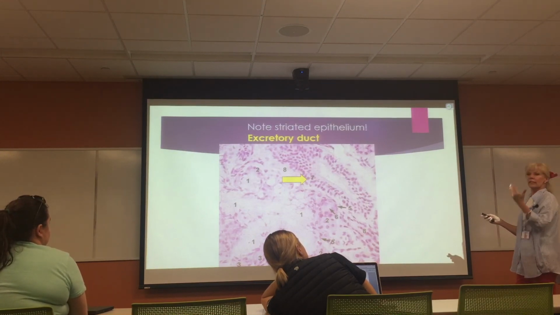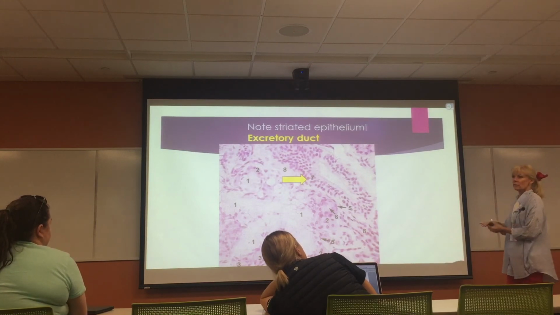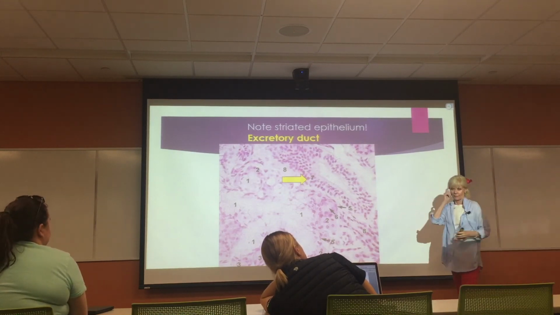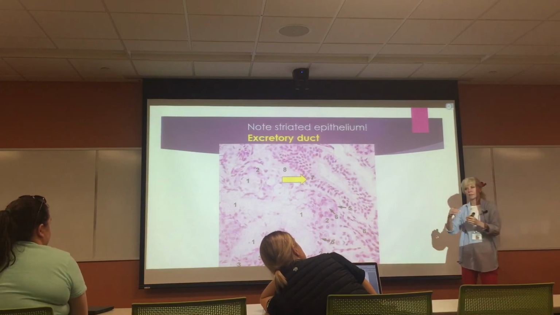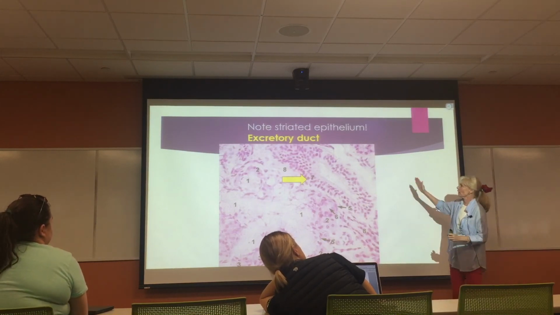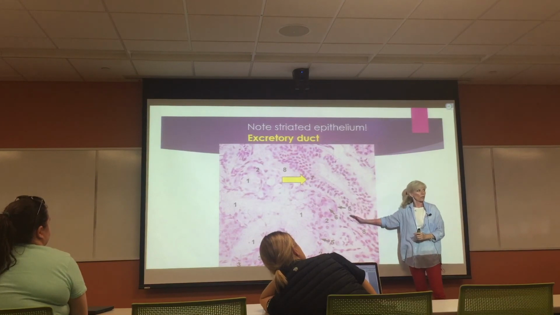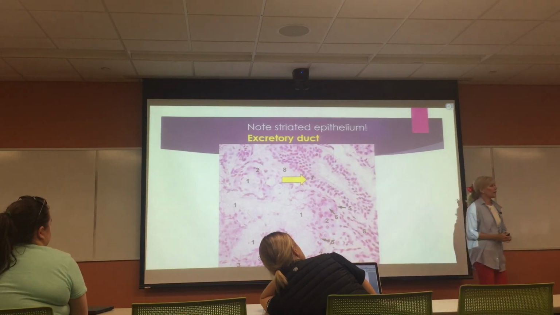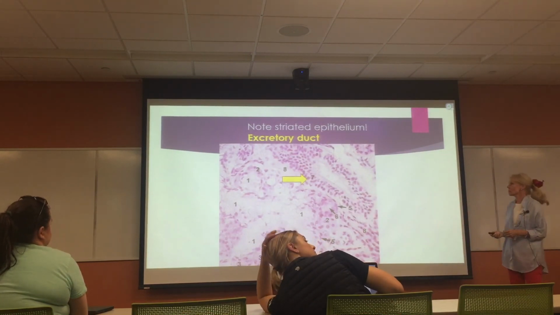And it's striated epithelium, meaning more than one layer, not striated cells. Versus the striated duct, which has striated cells. Striated epithelium is more than one layer. Got that? Does that make sense?